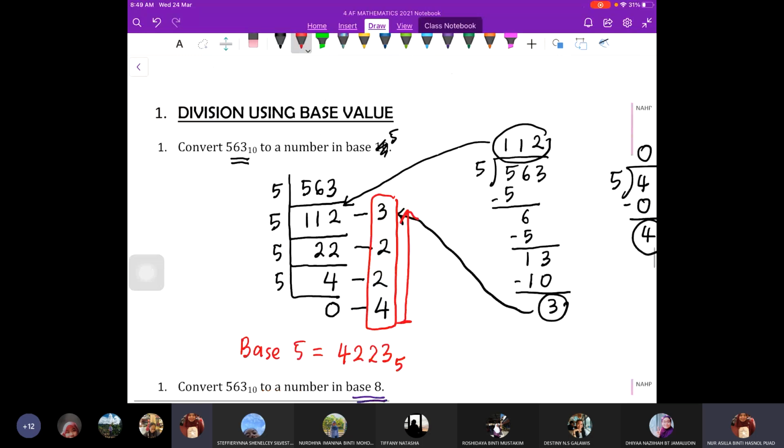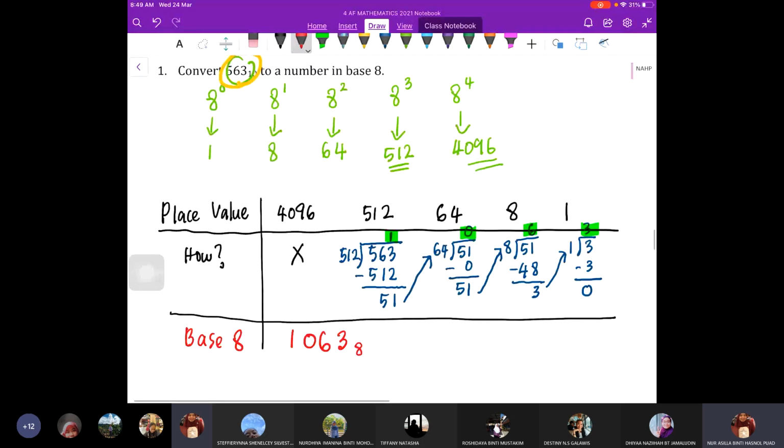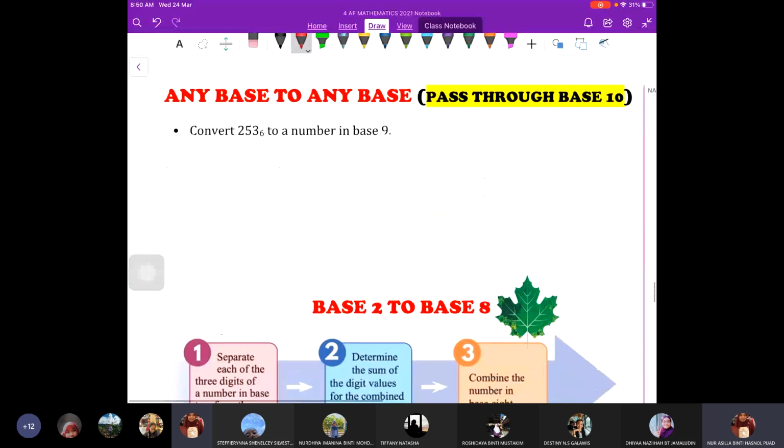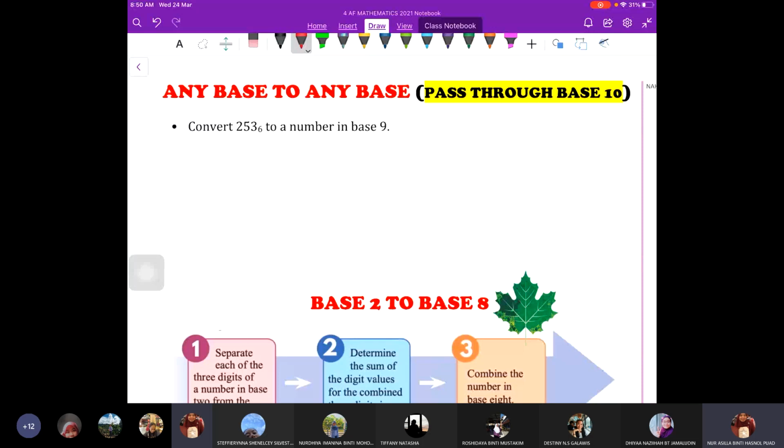This is base value. Atas ni place value. Alright. Okay, so now itu dah tukar base 10 to any base.